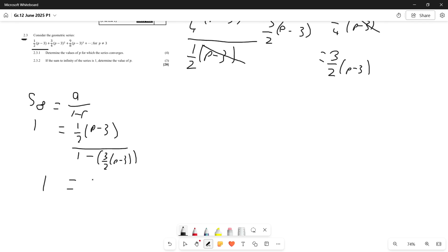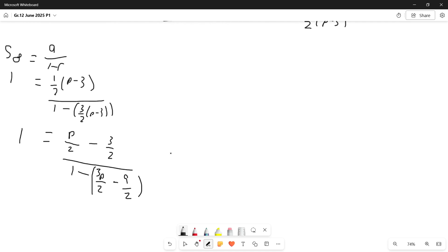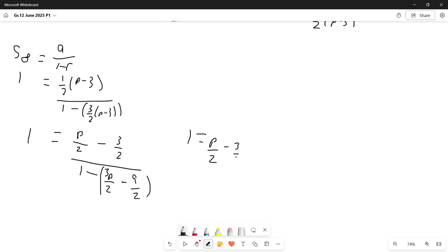So we have 1 equals 1 over 2, or we can just call that p over 2, minus 3 over 2, over 1 minus 3p over 2 minus 9 over 2. So at this stage, we are going to say 1 equals p over 2 minus 3 over 2.